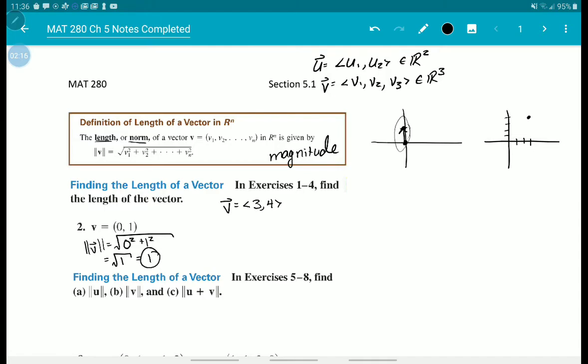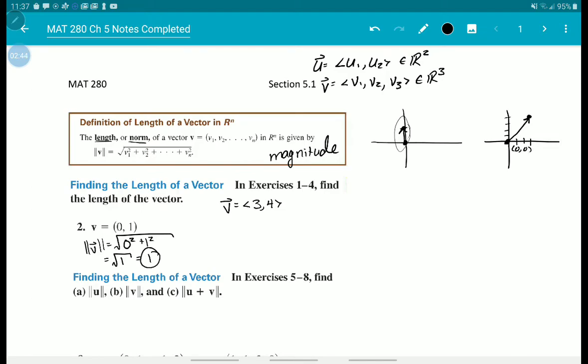Any vector we can turn into a position vector though. So this vector would look like this. Starts at 0, 0, ends at the point 3, 4. We're asking how long is that vector. So this one's a little different. Since it doesn't lie along a coordinate axis, we can't just see what's going on. We have to find really the distance between this point and this point.